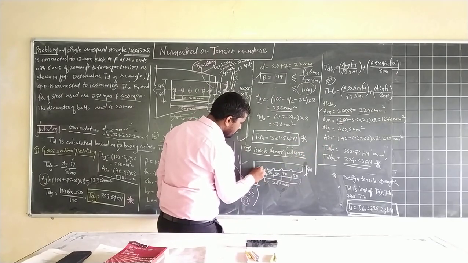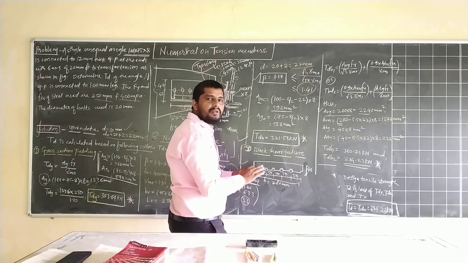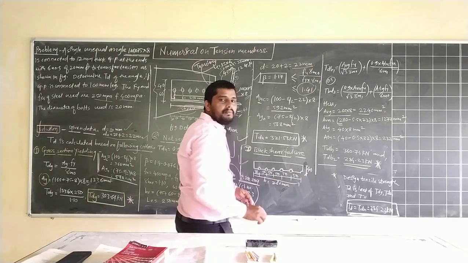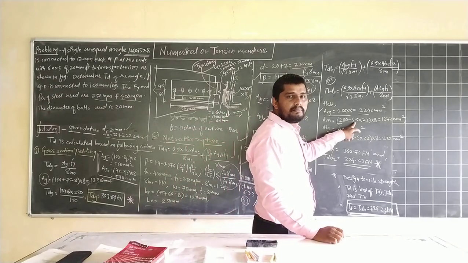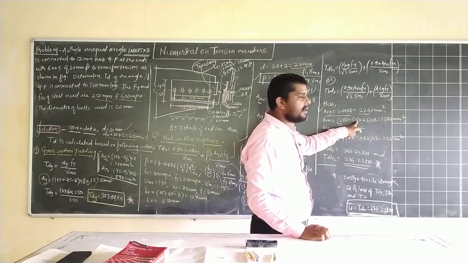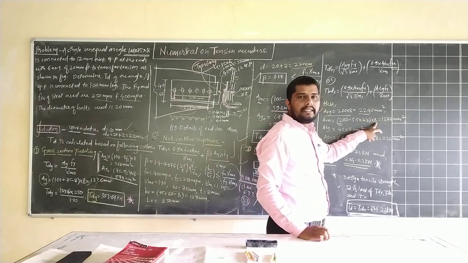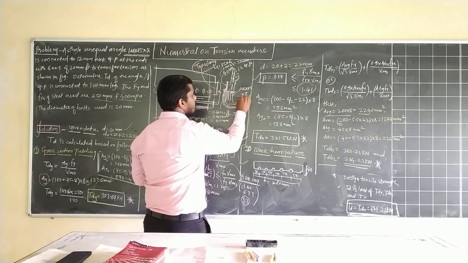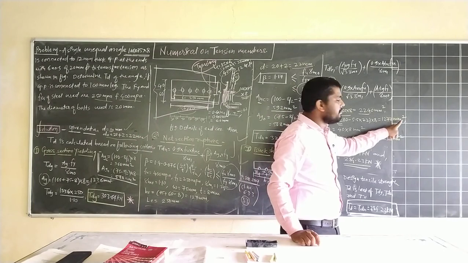This is one complete bolt, second, third, fourth, fifth: 5 bolts, plus half of the 6th bolt. So 5.5 multiplied by the diameter of the hole, 22 mm, into 8 mm, the thickness of this angle section. So the whole answer will be 1272 mm square.